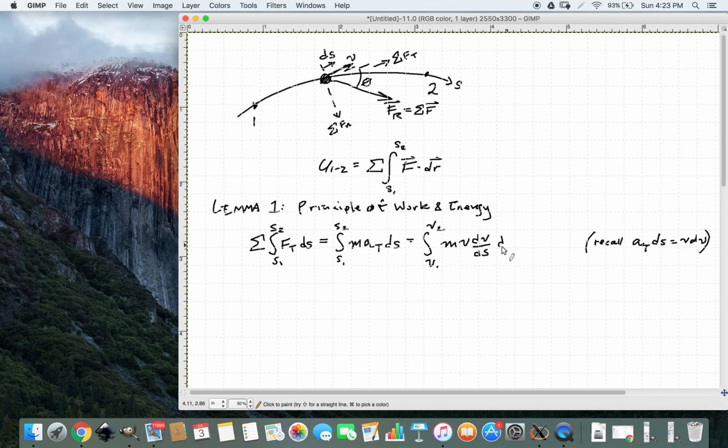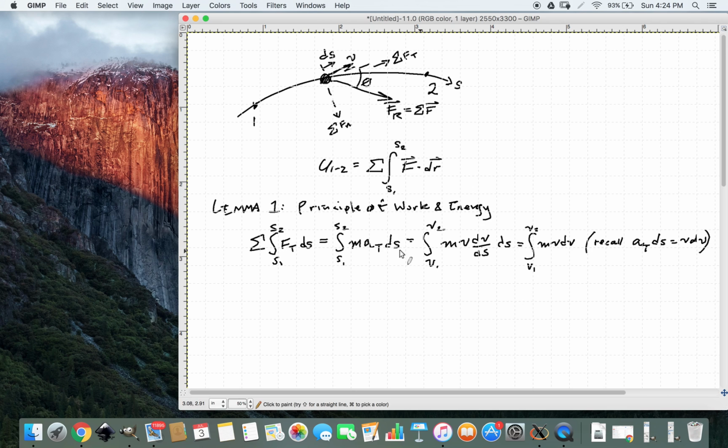Okay, so what I've done is I've solved this for a sub t as v dv over ds. That comes into here. The ds carries from what we had in the prior expression, which just simplifies, of course, to the integral from v1 to v2 of m v dv. So this is an easy integral to work with. If mass is constant, it comes out, and we just have the integral of v dv.